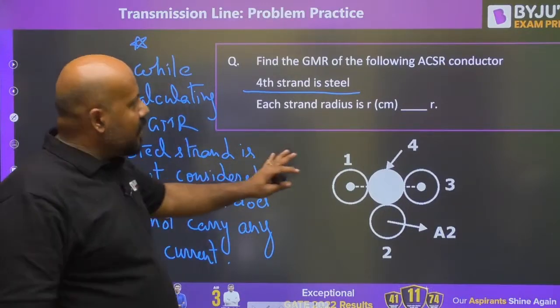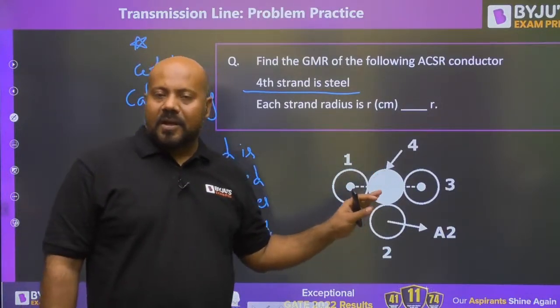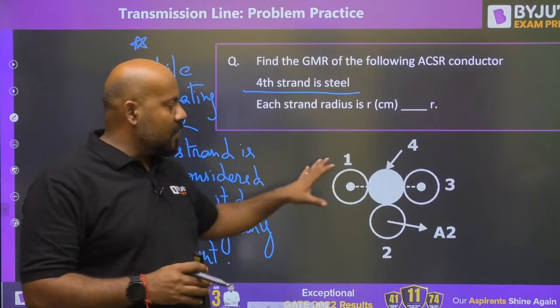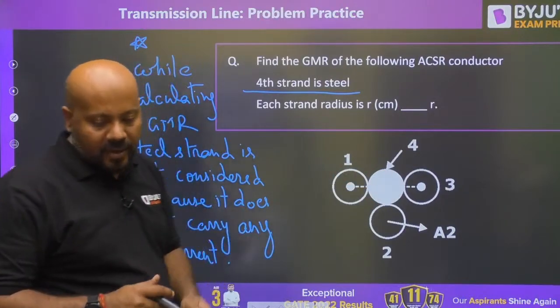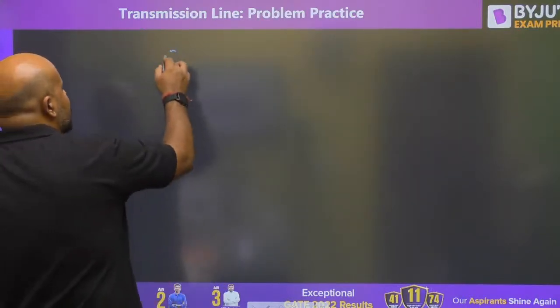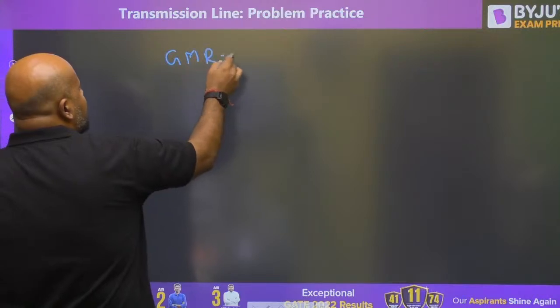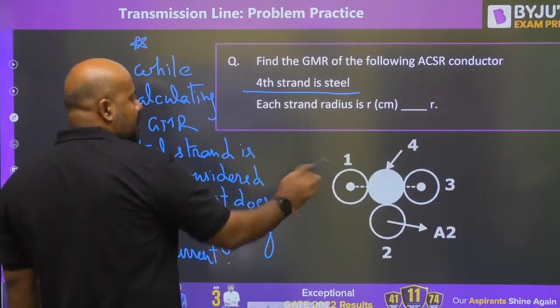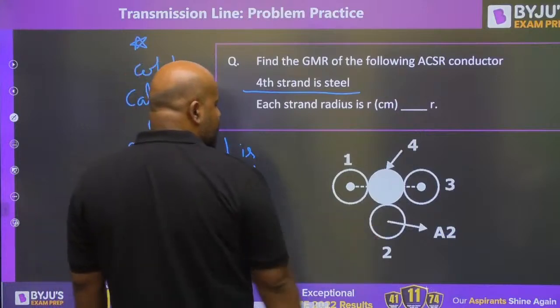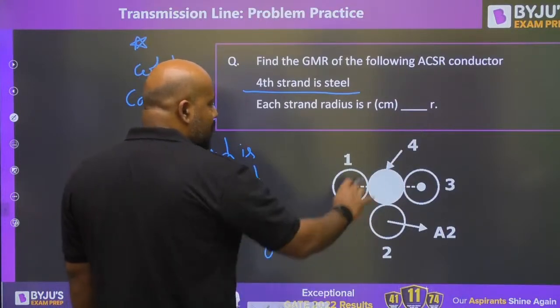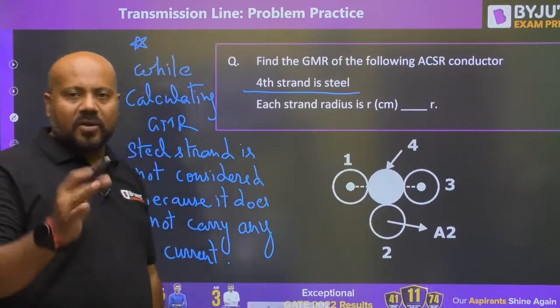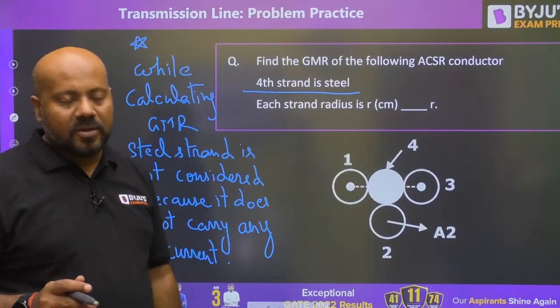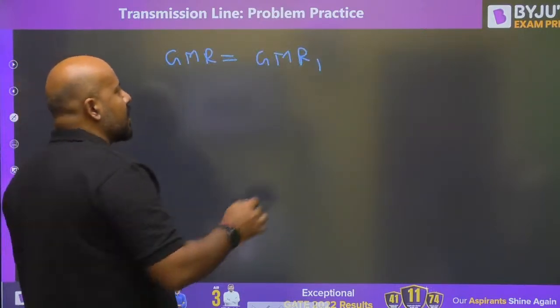So if you have an ACSR conductor like this and I want to calculate its GMR, how am I going to write it? GMR is GMR1, that is the GMR of the first strand, times the GMR of the second strand and the GMR of the third strand. The fourth strand is a steel strand, it is not going to carry any current, so I am not going to consider it for the GMR calculation.